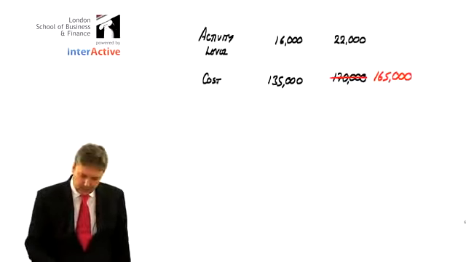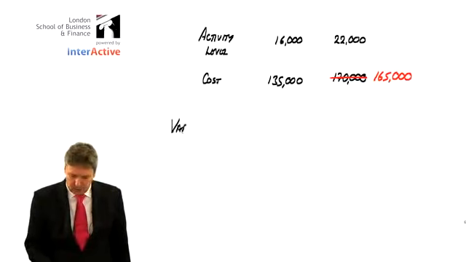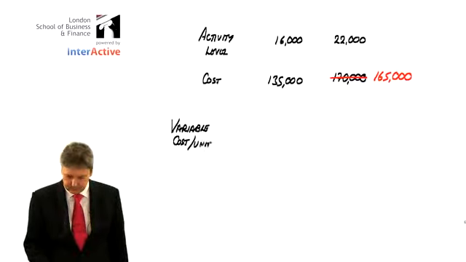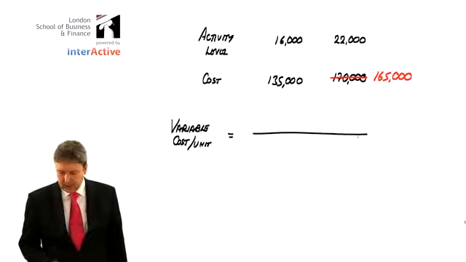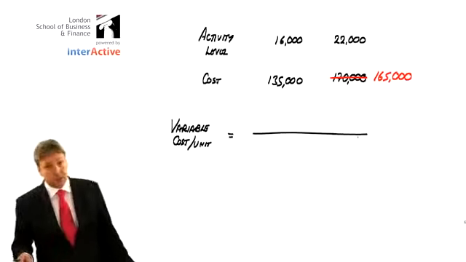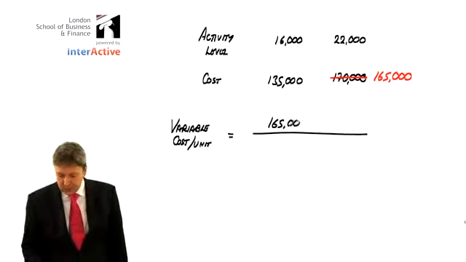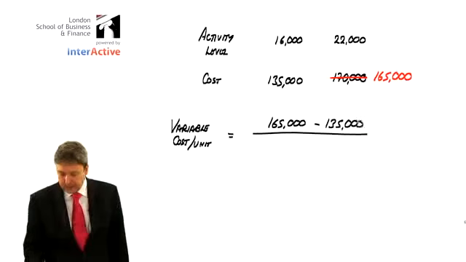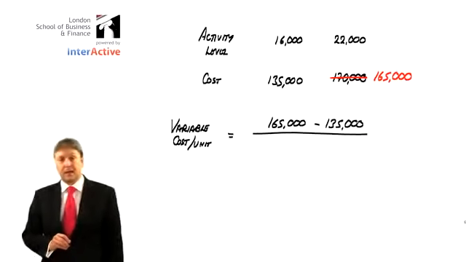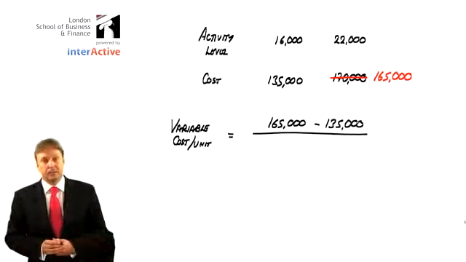Let's remind ourselves of how it works. If we want our variable cost per unit, what we do is we take the difference between the two costs, on the basis that any difference must be due to a change in the level of activity and hence is variable.